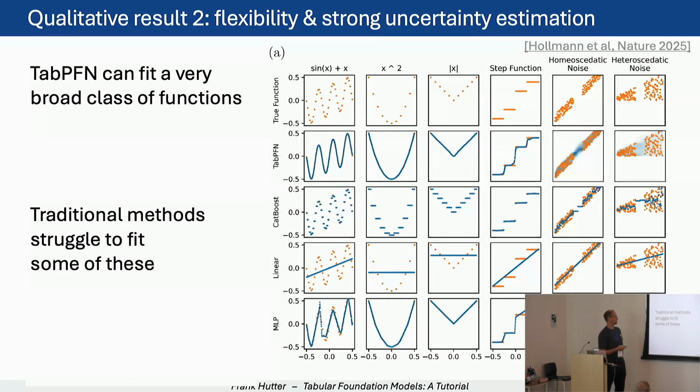In contrast to previous MLPs, we can quite nicely fit what could MLPs not fit? Of course, step functions. That's quite problematic. TabPFN isn't perfect, but that's something that CatBoost is of course great at. But CatBoost is very bad at actually having true sinusoidals or quadratics or anything like that. That's just very much a point estimate for these tree-based methods.